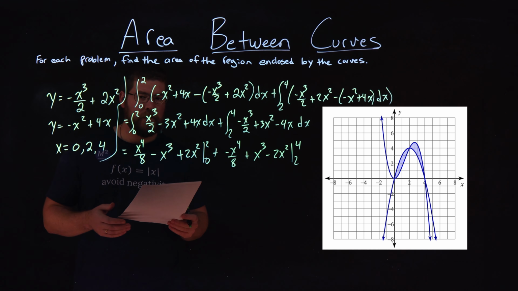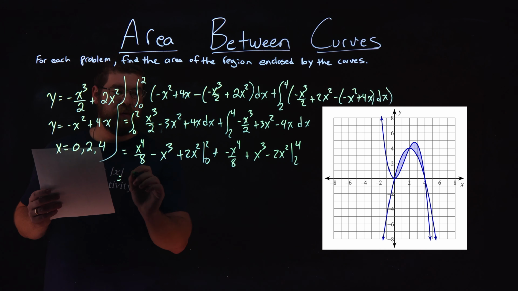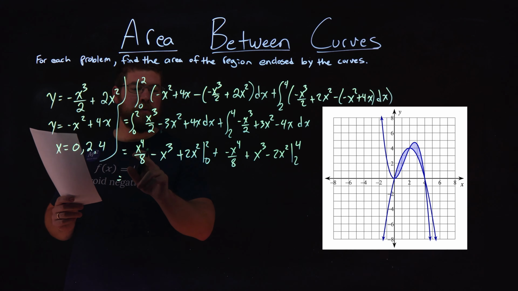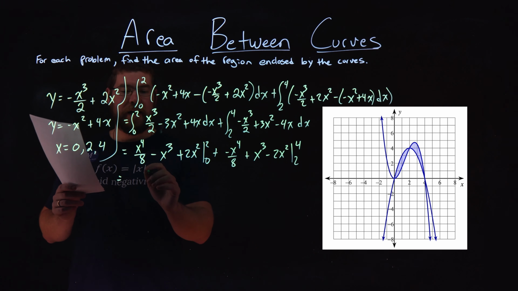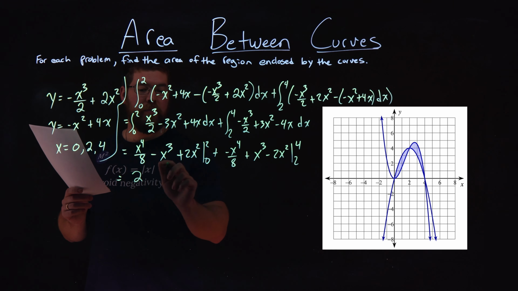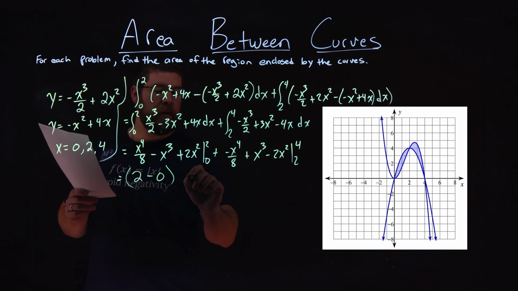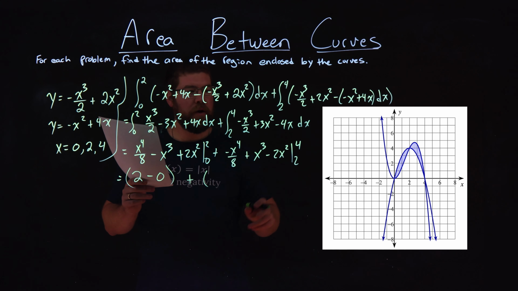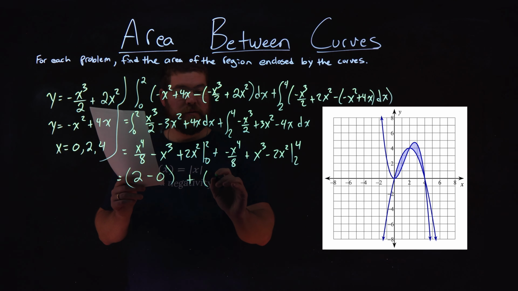So then from here, we apply our rules like we always do. 2 goes in for x first. When I substitute 2 in for x and simplify, I actually get a 2. And we subtract that by when we plug a 0 in for x, and we get a 0. Plus, same thing here, when I plug 4 in for x, I did it for you, it comes out to be a 0.